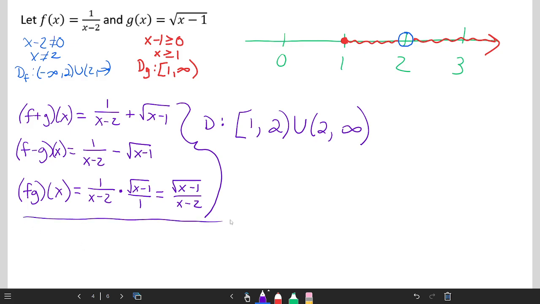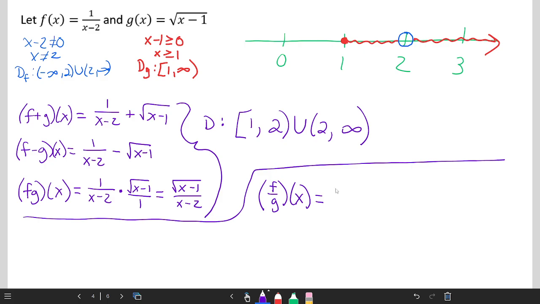Now for f over g, we still can't use anything outside of this domain, but we might have yet another restriction because we're dividing now. So if we look at f over g, okay, so I'm going to write this literally, f over g, but that's not super helpful.